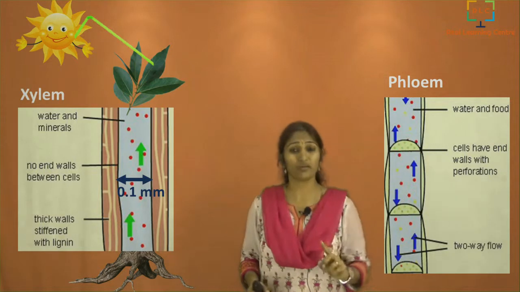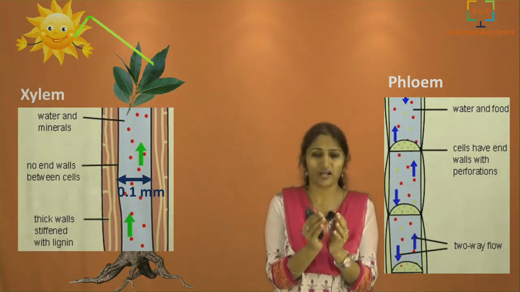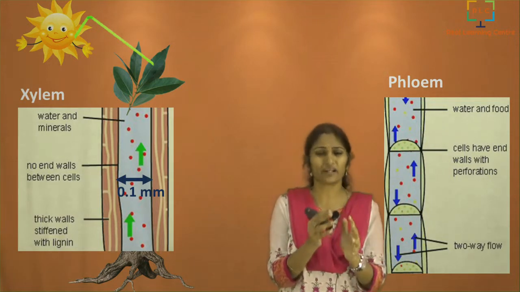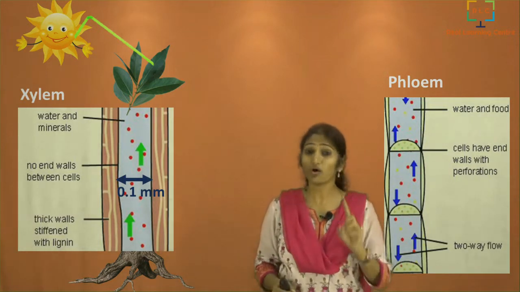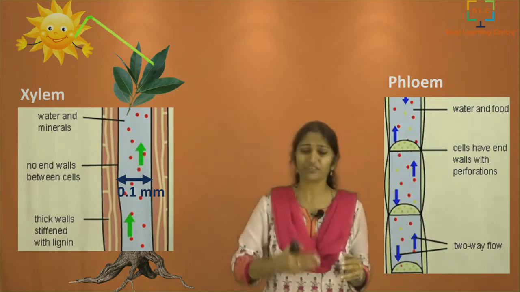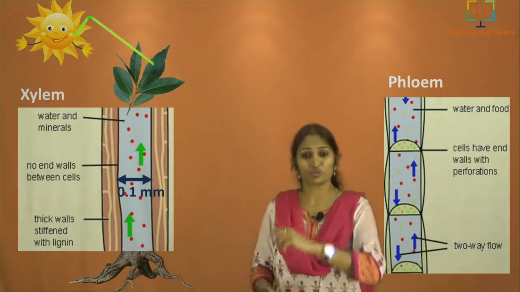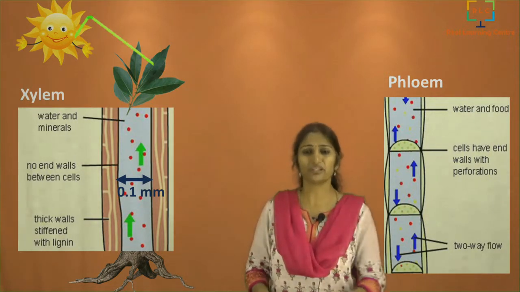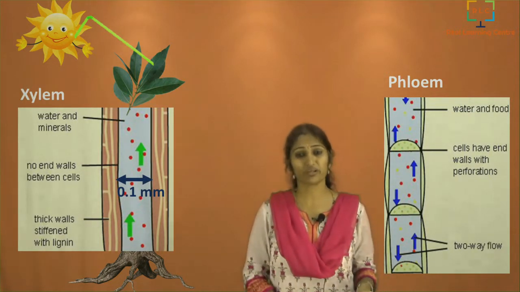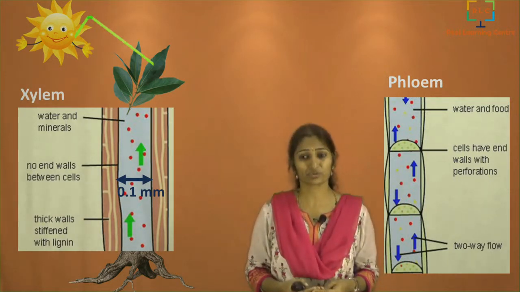Now you might be wondering why the size of the xylem tubes and the roots are so small and how are they going to function. Now all that will be studied when we study more about the different theories that were proposed to explain how the water keeps moving from the soil to the leaf, which we will do in our later videos.